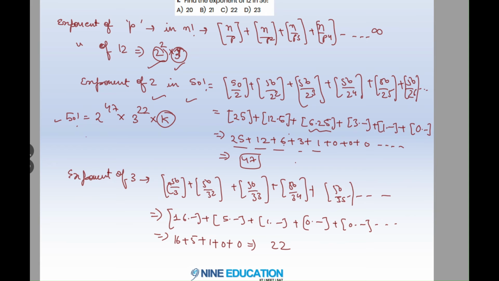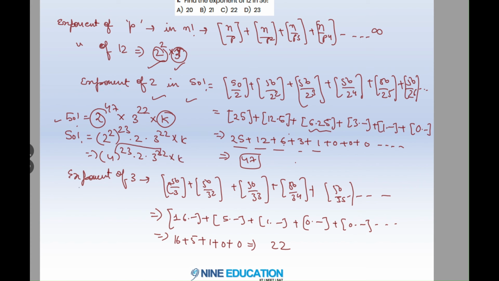So what we can say is 50 factorial is equal to, now you need 12. 12 will be 4 into 3, right? So let's write it as 2 power 47, that is 4 power 23 into 2, into 3 power 22 into k.